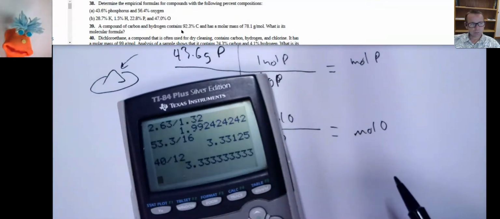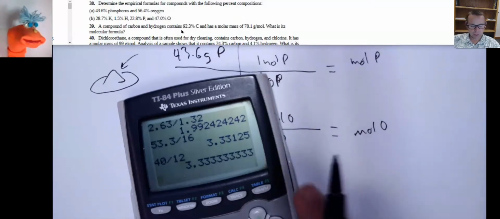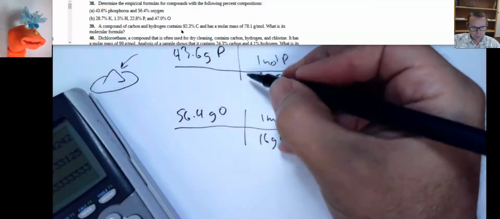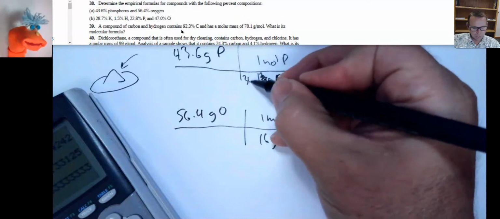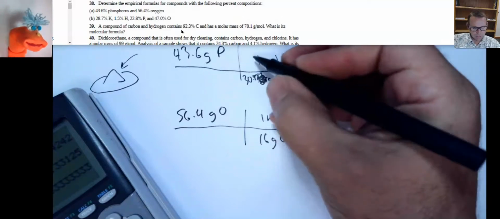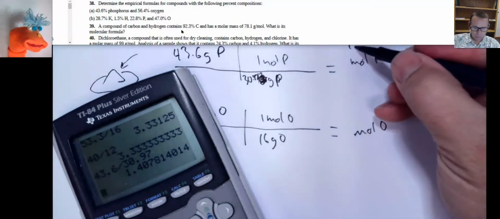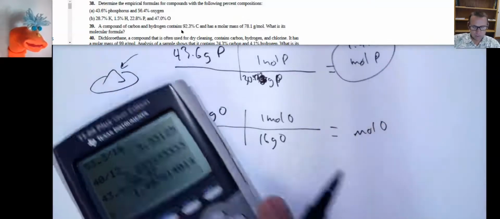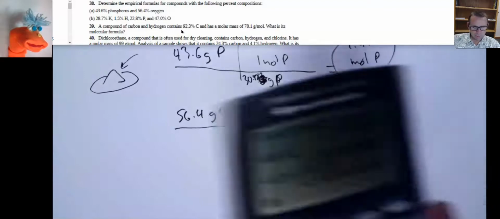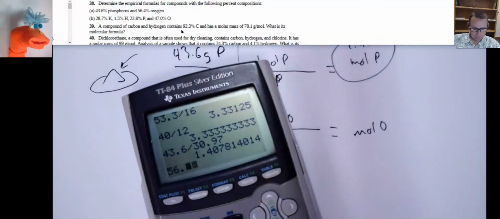It's 30.97. Okay, so we'll put that in here real quick. So I'll do 43.6 divided by 30.97, and we got 1.41 moles of phosphorus. 56.4 divided by 16.